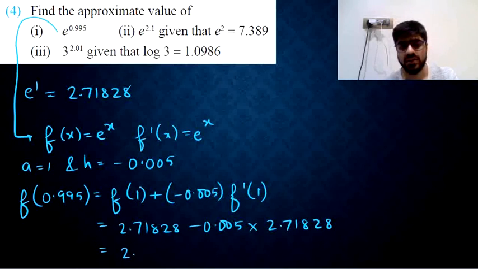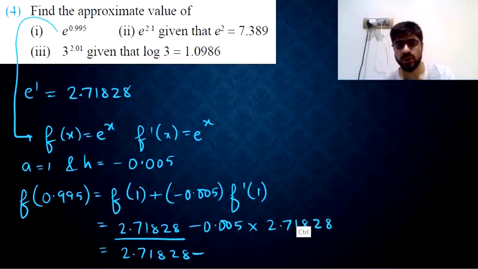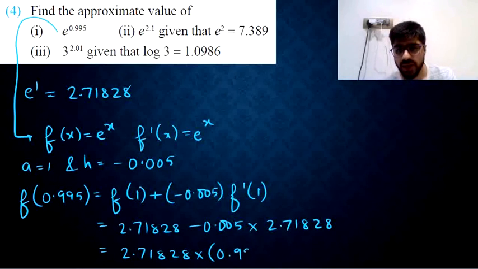I'm taking this term common from the two terms I have here, so 2.71828 comes out common, and this has to be multiplied with 1 minus 0.005, that is 0.995. And this is the value of f of 0.995, which is e power 0.995.